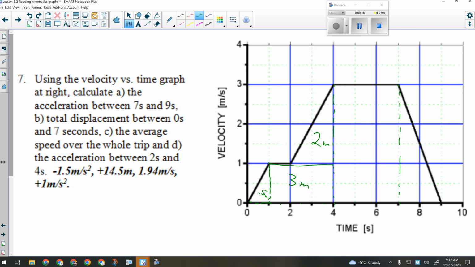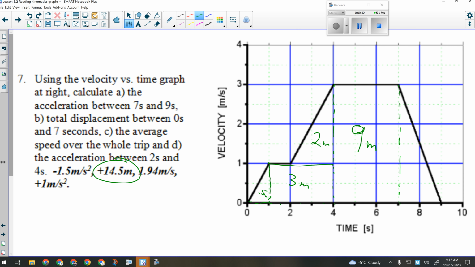And then this rectangle here to 7 seconds, 3 on the base, and 3 high. 3 times 3 is 9 meters. So we should have there 14 and a half meters, positive 14 and a half meters. Everybody all right with that one? Questions on that one?